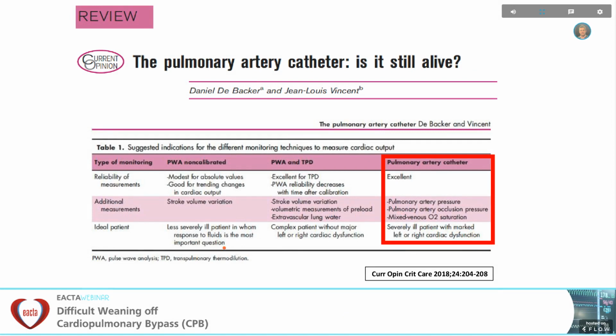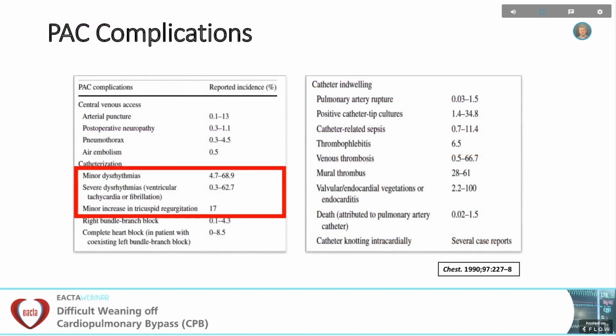And it's excellent in reliability of measurements. It's excellent, and we can show a lot of data here, a lot of measurements that help us with weaning off CPB that other monitors lack in terms of information.